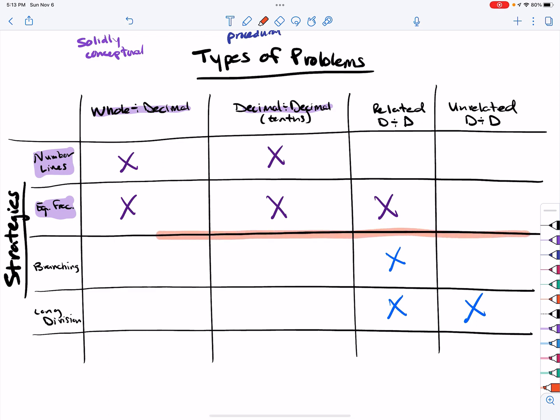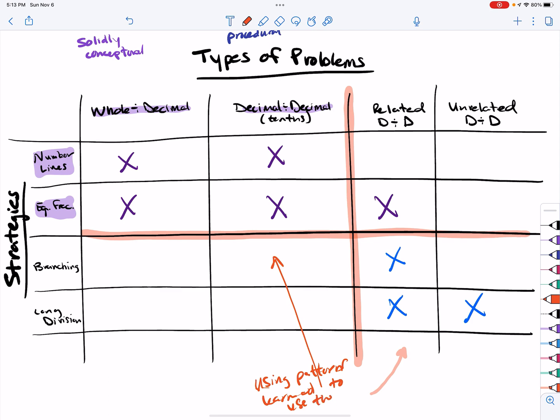At this point, as we get down into this area, what you're going to end up doing is using patterns that you learned here to use these strategies.